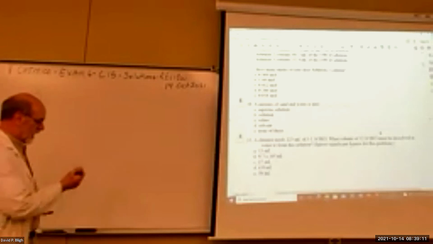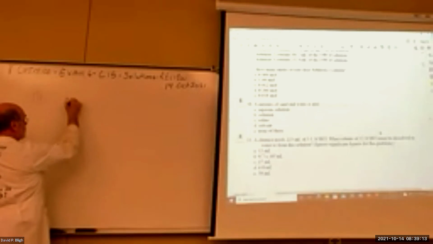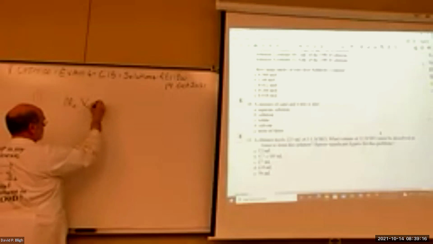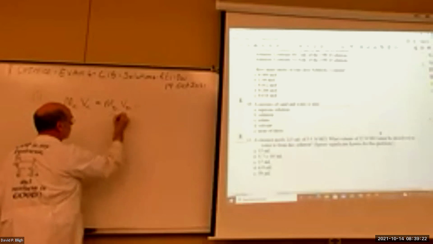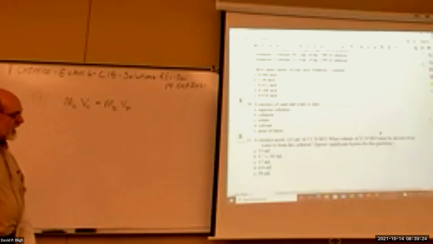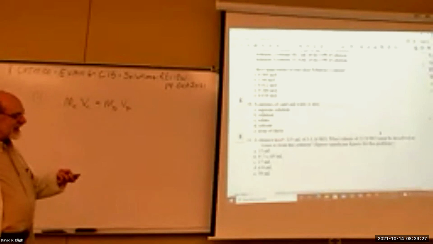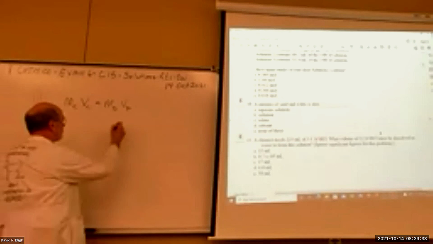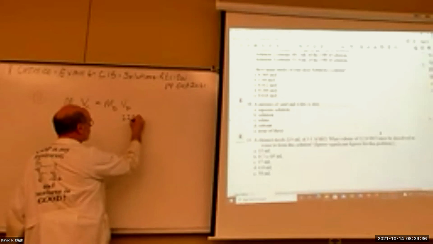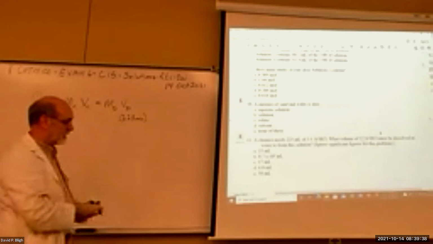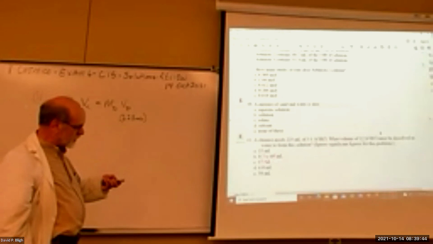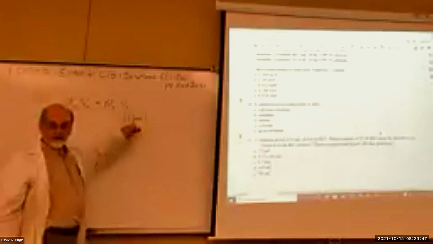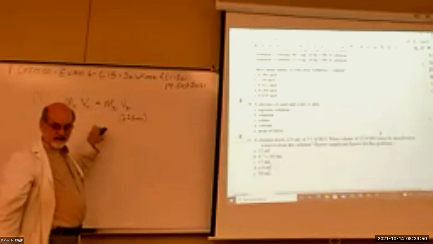What are we given? Well, we need to fill in these spaces. Concentrated molarity times concentrated volume equals diluted molarity times diluted volume. So what values do we have? We need 225 milliliters of this diluted solution. And the question is, what volume of the concentrated? All our answers are in milliliters, so we're going to leave that volume as milliliters so that the answer will come out as milliliters.